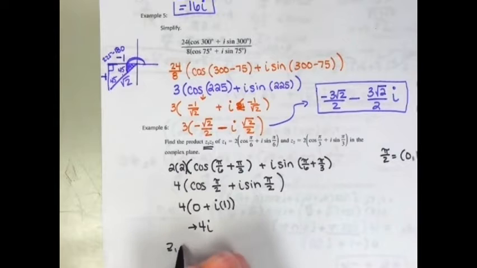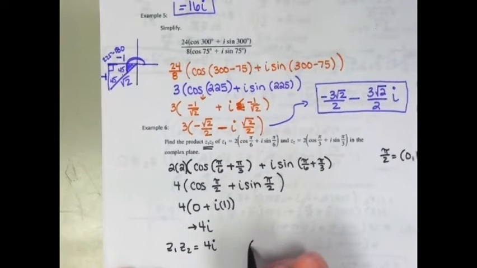So we know z1 times z2 is just equal to 4i. What is that as a coordinate? What is my a? What's my real part? 0. And what's my imaginary part? 4. So it'd be 0, 4. Just kind of a review there for you.